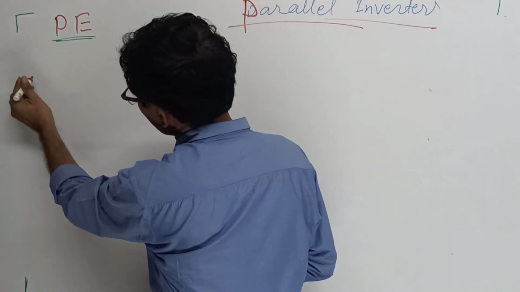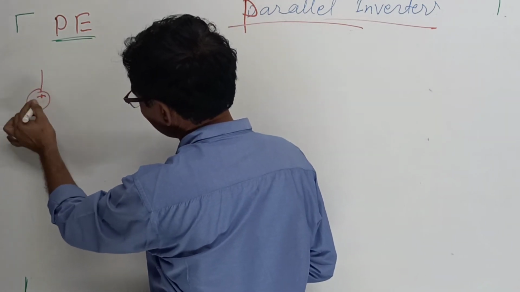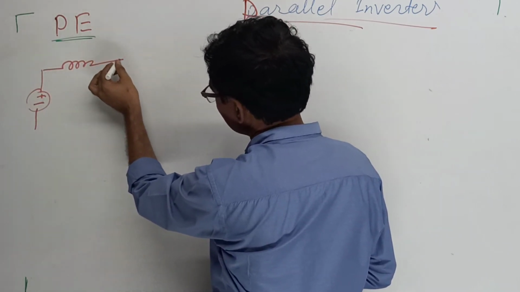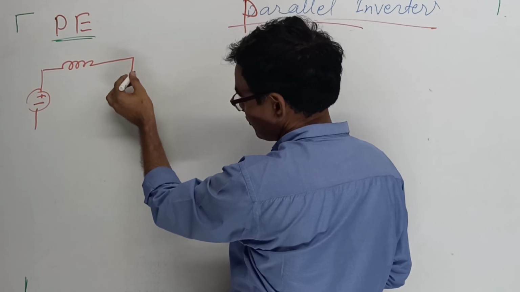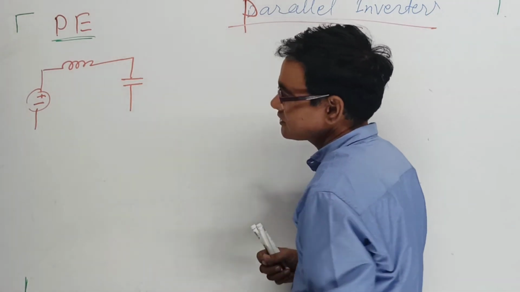So in a parallel inverter, there is a source, not the AC, it is the DC one. A source, and to maintain the current there is an inductor, and to flow the power in parallel there is a capacitor.